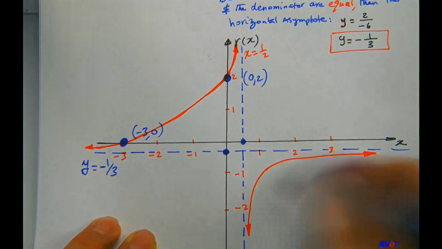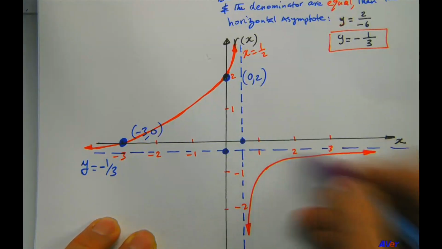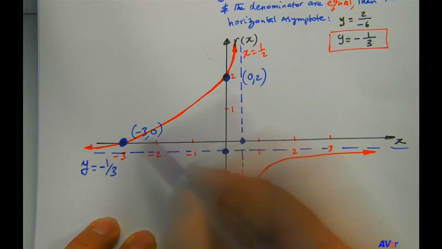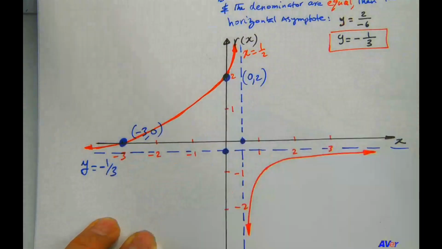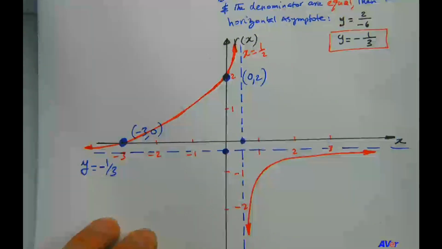This piece turned out to be a more smooth line. That one was not so smooth. But those intercepts tell us where one piece is. Because we know with rational functions the graph is always split, and the other piece is always on the opposite side, the other piece has to be here.